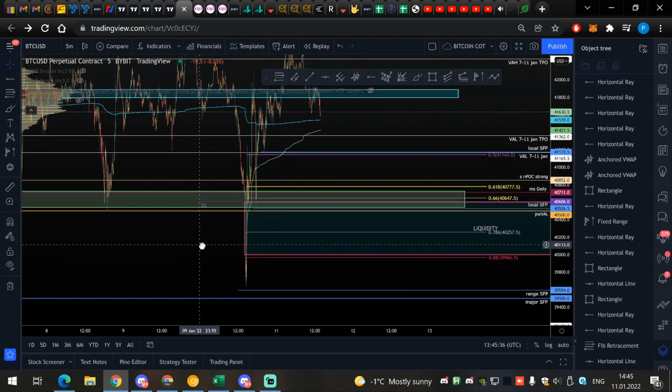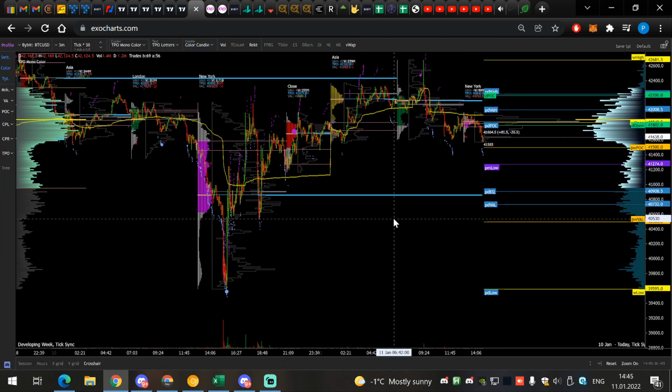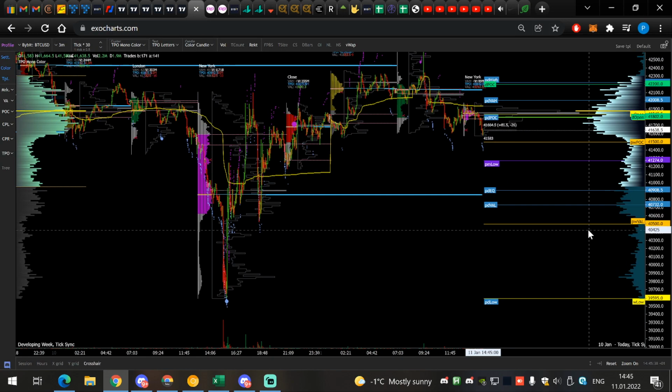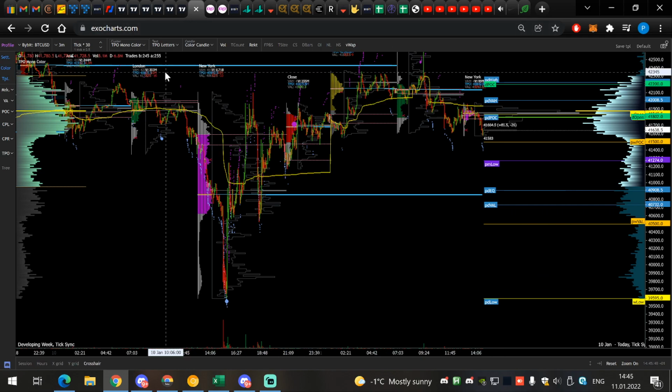Okay, so we have most of the levels I wanted from the chart. I need to check over here. So previous day VAL, 40,732.